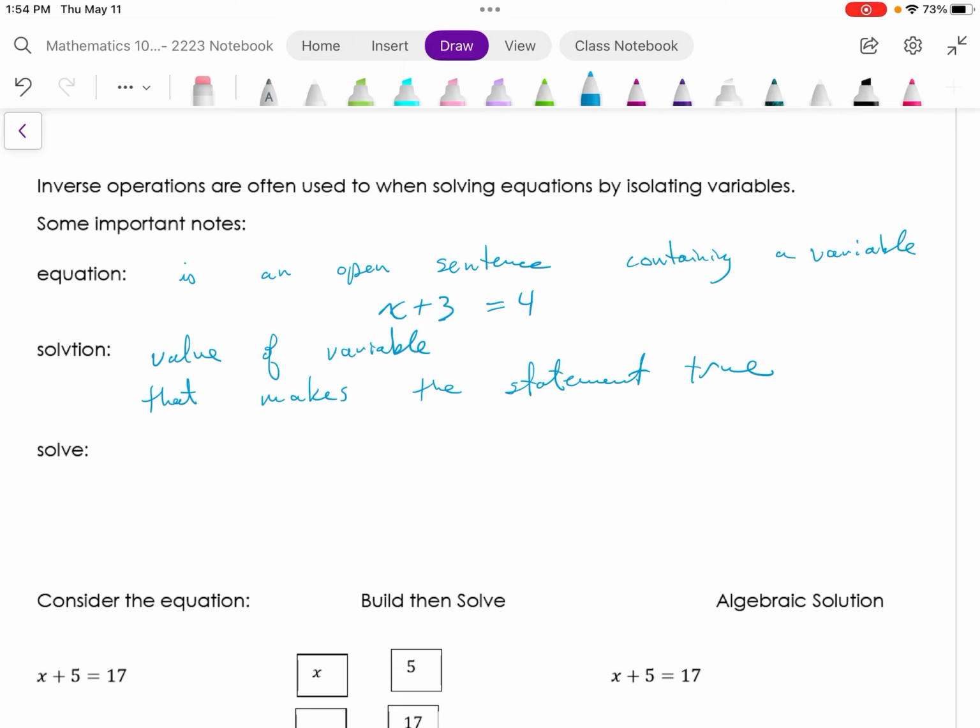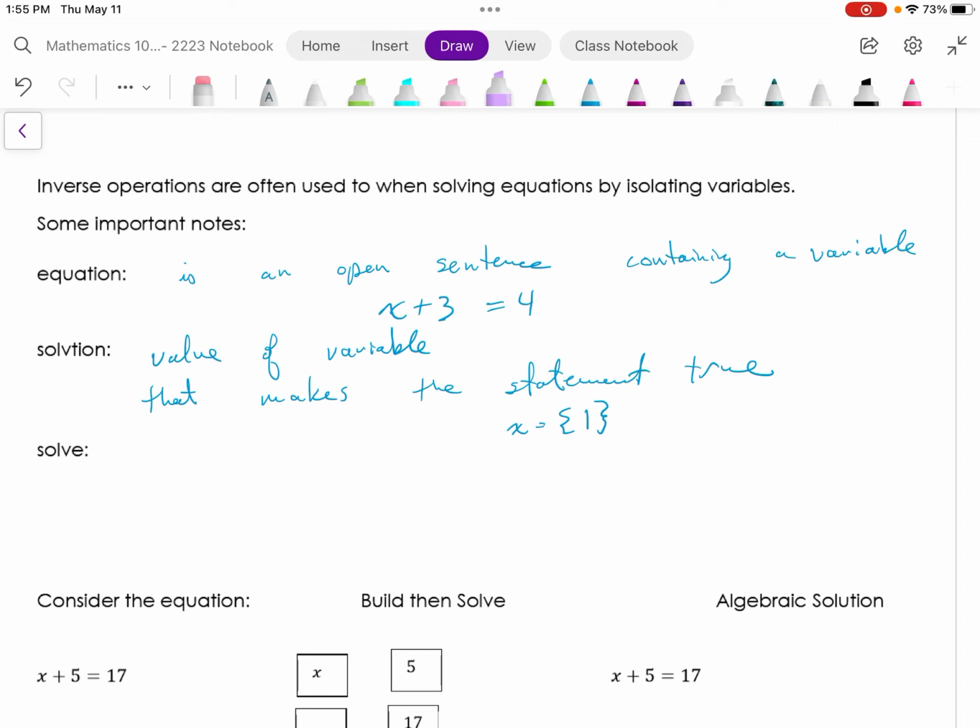For example, the equation is x plus 3 is equal to 4. The solution, the value of the variable that makes it true, is 1. Most of the time, people call the solution the answer, but it is a solution.